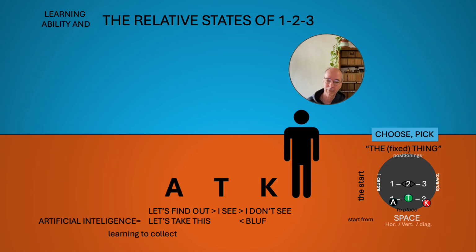But then you will never learn, because then you will also collect what is not true. Artificial intelligence will collect all of it. It will collect what it knows. It will collect what it's programmed to know.